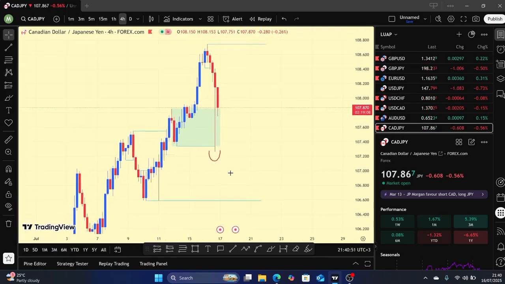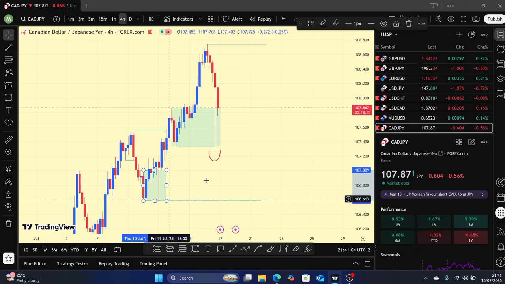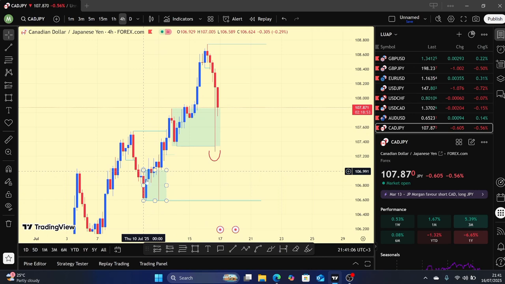Now if I take my rectangle and say that this one here was an order flow, I think you all will be agreeing with me because this here was a valid pullback.